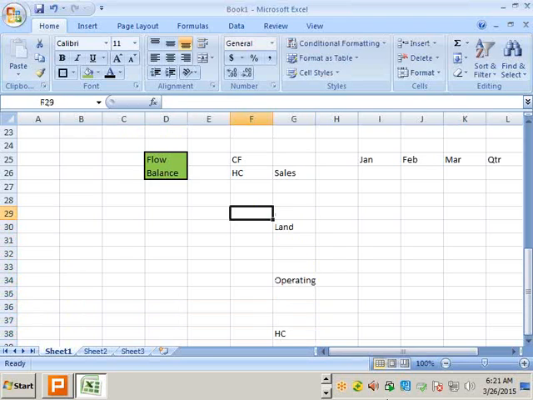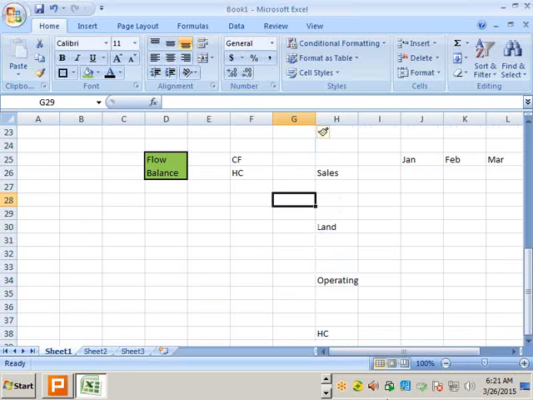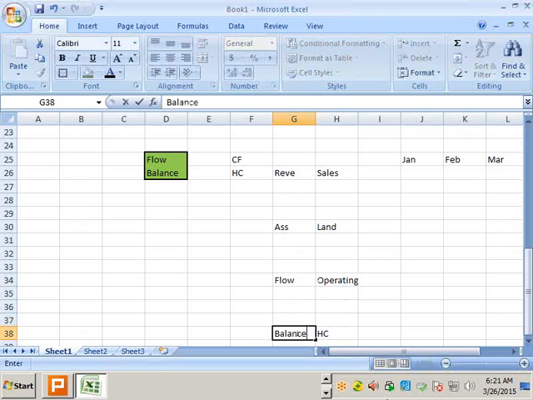Okay, and let us see the account types. This is asset, this is a revenue account type, and this is an asset account type. This is some flow account type. This is a balance account type.